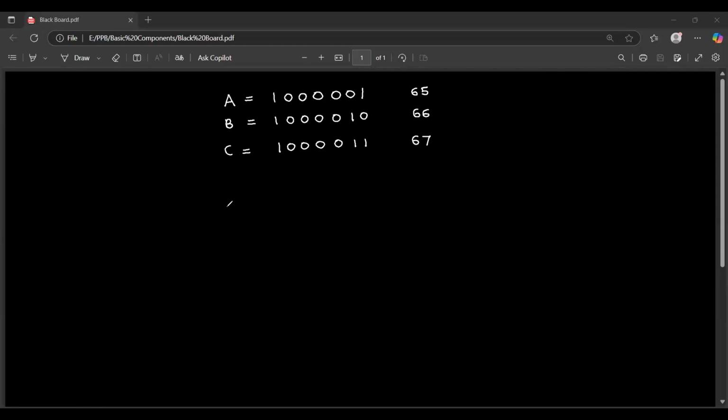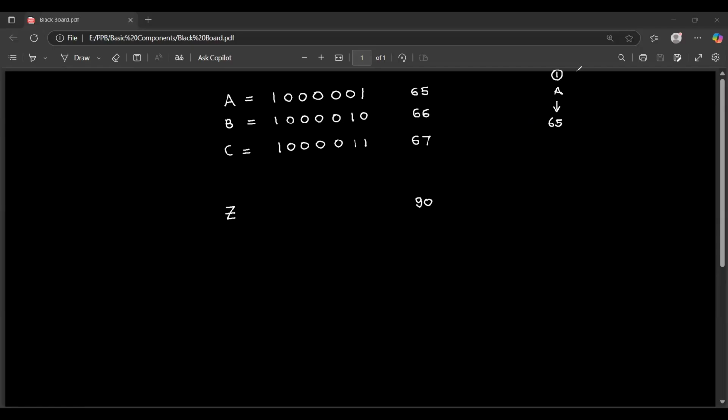So let me ask you a question. What do you think the letter Z is represented by? Well, it will be 90. Why? Since 65 is A, B is 66, C is 67, and if you add 25 to this, I know Z is the 26th letter, but A is the first one.